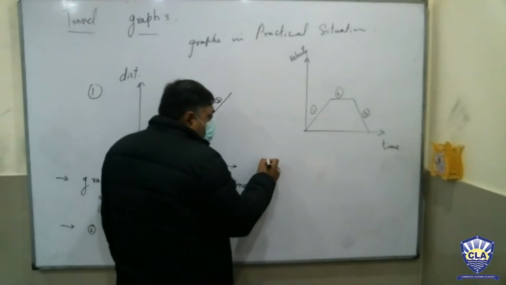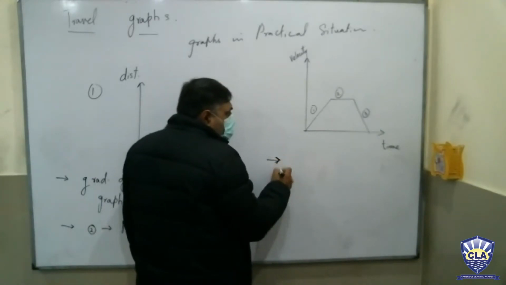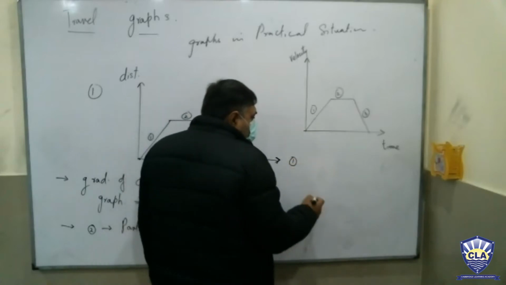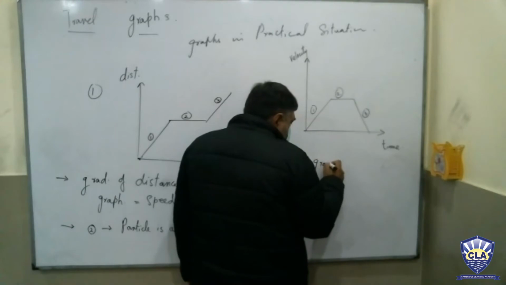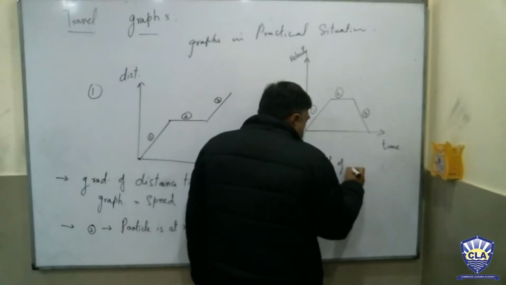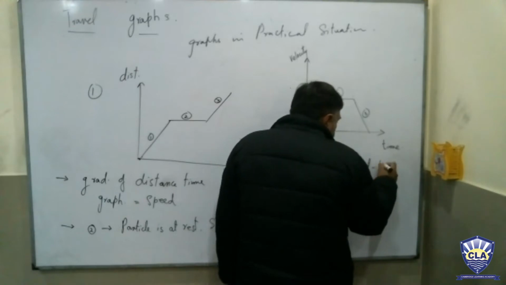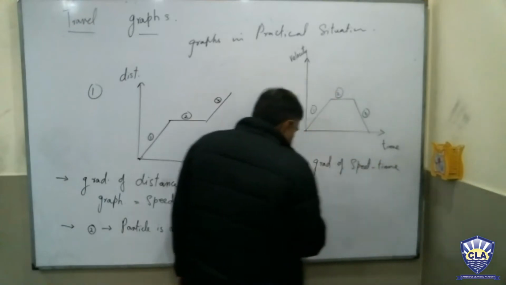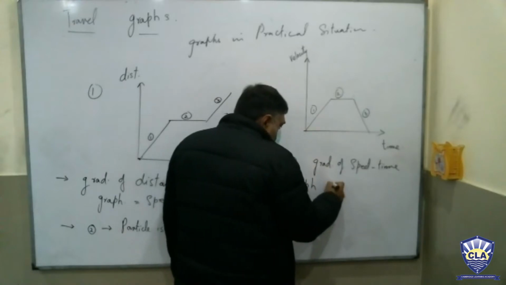So number 1 point, increasing velocity. The gradient of a speed time graph is acceleration.